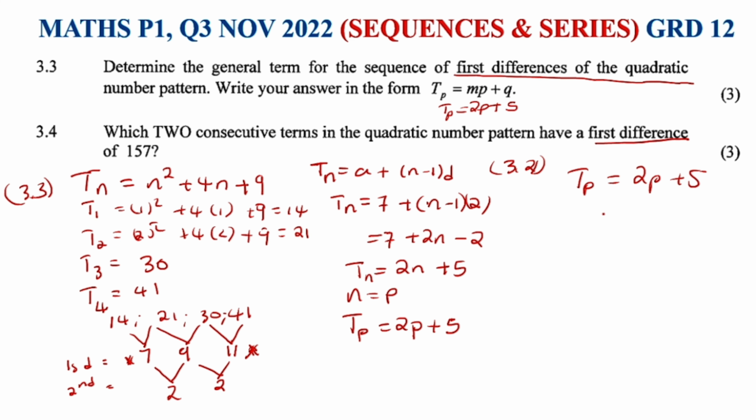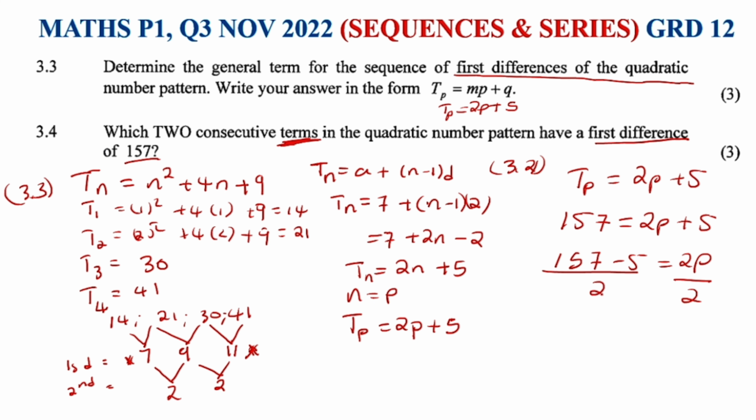Okay, all right. So now they want us to find the term number at which the first difference will give us 157. So here's 157, because it is a difference. So we say, okay, 157 is equal to 2p plus 5. Now if we need to find p, because in this case p is referring to the number of terms, we are looking for p.